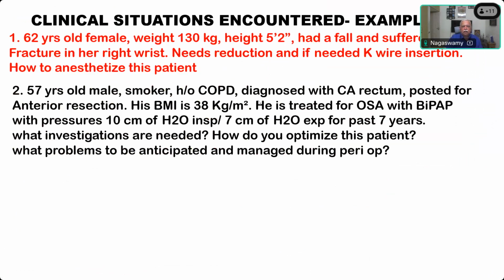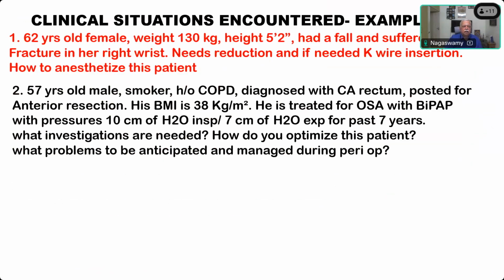And the other scenario is a smoker, COPD, lot of comorbidities, diagnosed with CA rectum. He is again class 2 morbid obesity, treated for OSA, and what investigation needed, how to optimize, and what problems anticipated. So this is another problem question that may be asked.